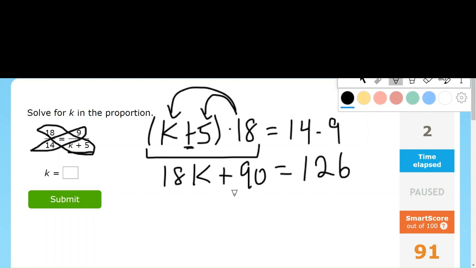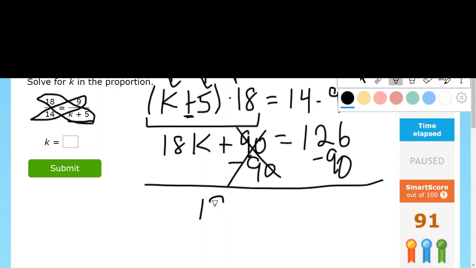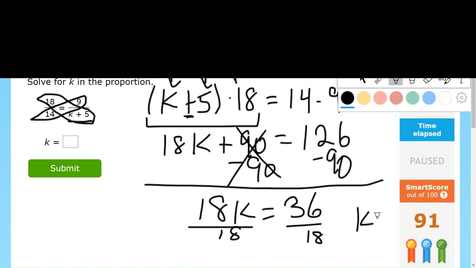What's the opposite of adding by 90? Well, it's subtracting 90. And on this side, it'll cancel out, and we're left with 18k is equal to 126 minus 90, which is 36. And then we're going to divide both sides by 18. And we're left with k equals 2.